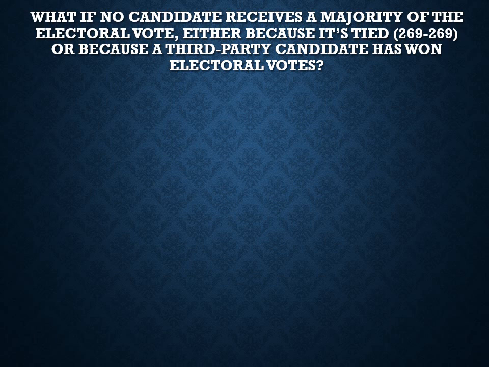Now, we're going to dive more deeply into the muck here. What if no candidate receives a majority of the electoral vote? The only way that can happen this year is if it's an exact tie, 269 to 269. Then what happens? Well, this you will find very strange if you're not aware of this.